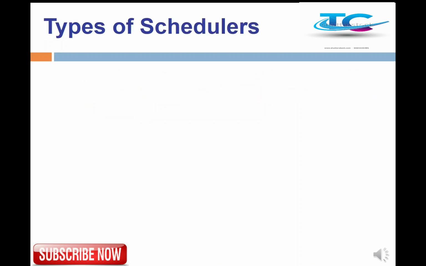So there are various types of schedulers to schedule the different processes. The first is the long-term scheduler, which decides how many processes may stay in the ready state just to improve the overall system performance.